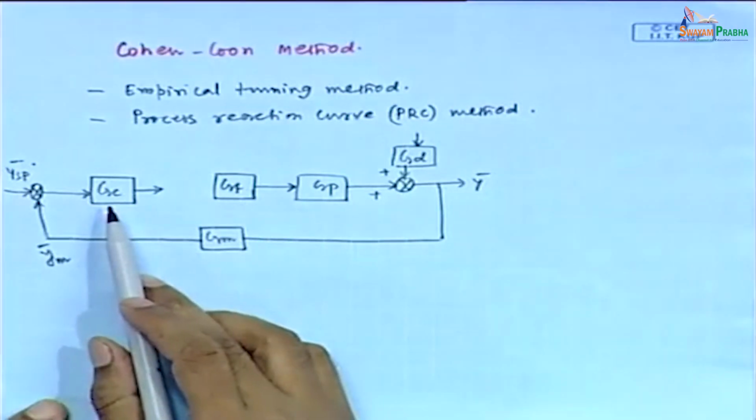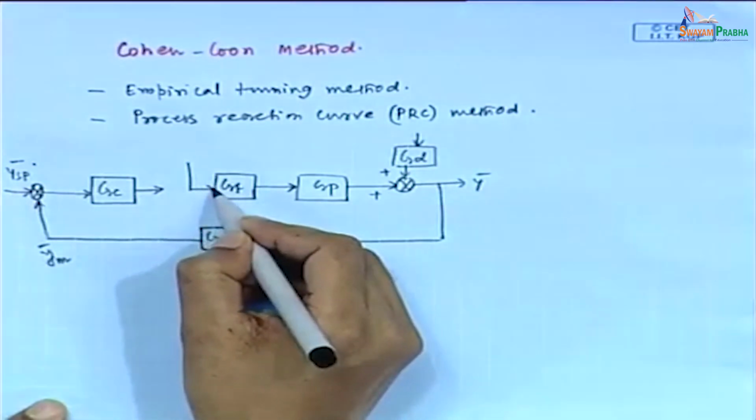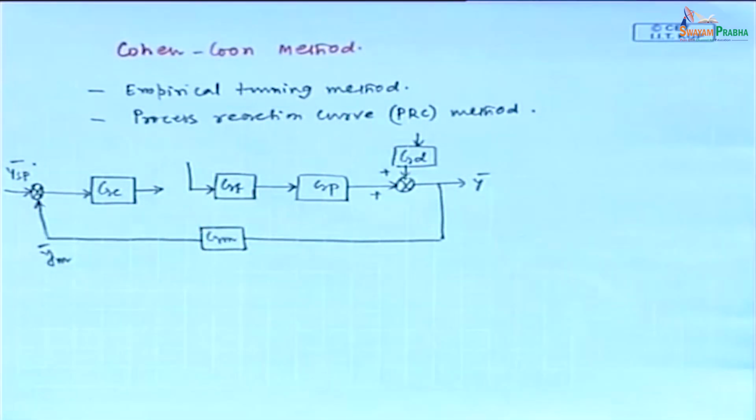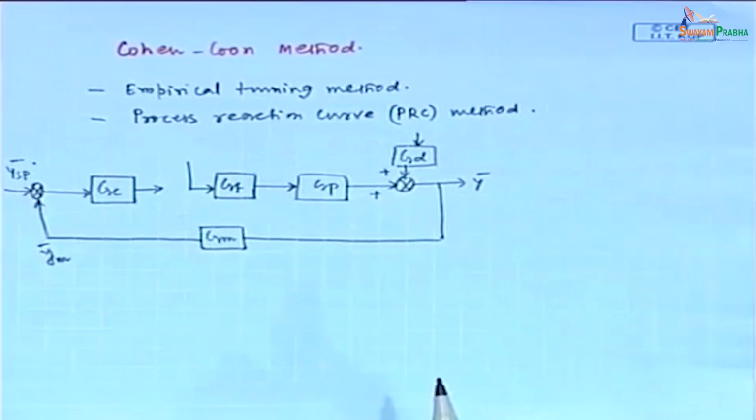Now, according to this Cohen-Kuhn method, the closed loop block diagram is opened by disconnecting the final control element from the controller.